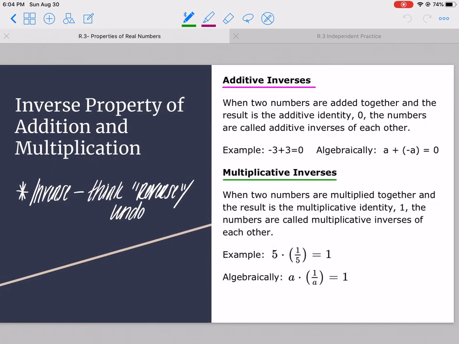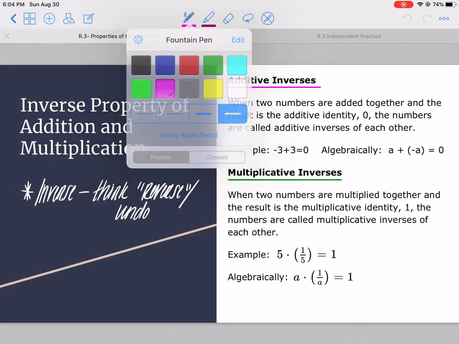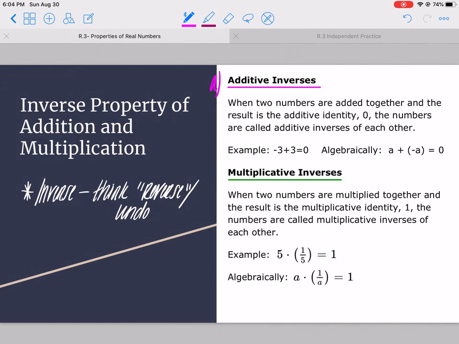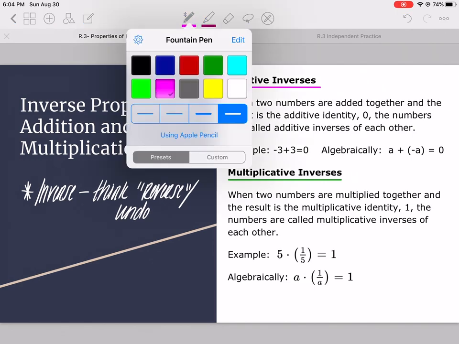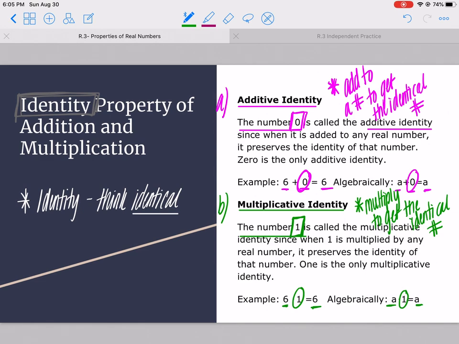All right, and then the last one here is the inverse property. So we've got the inverse property of addition, or the additive inverse. And we've got the inverse property of multiplication, or the multiplicative inverse. This is what students most often get confused with the identity property, okay?